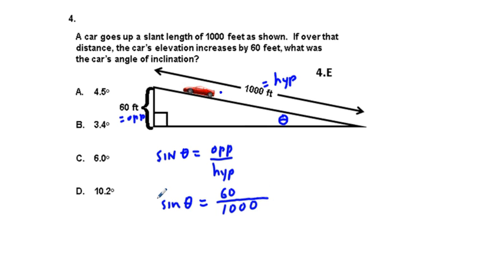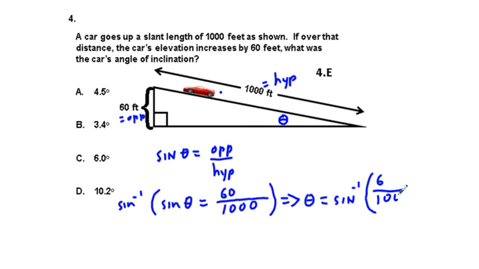But again, like we did in problem 2, to isolate that theta, if we take the inverse sine of both sides of this equation, we get theta is equal to inverse sine of 6 over 100. Okay, where does 6 over 100 come from? Well, it's simplifications. Cross out these two zeros.